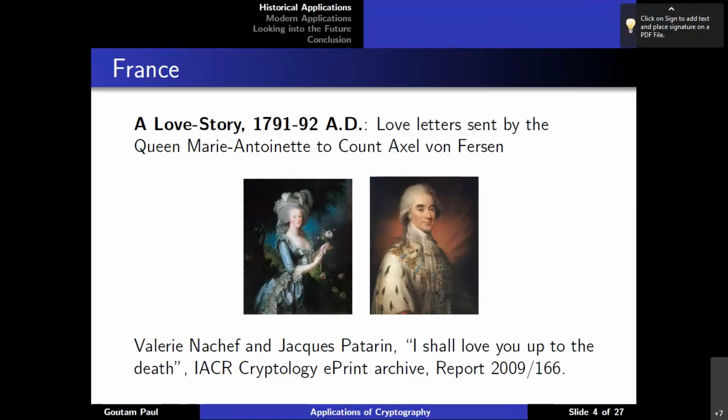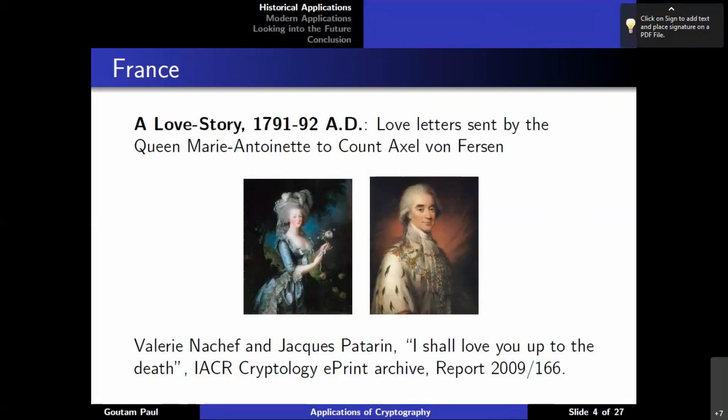And till 2009, those letters were not deciphered. And because of this famous paper, one can look at the IACR Cryptology ePrint Archive. Valérie Nachef and Jacques Patarin have actually solved this deciphering problem and found what the contents of those letters are.